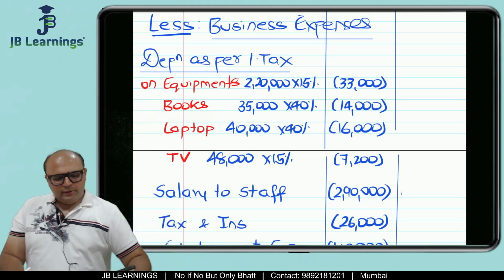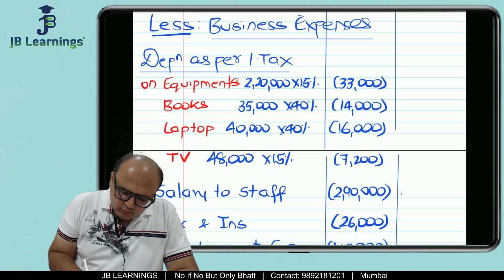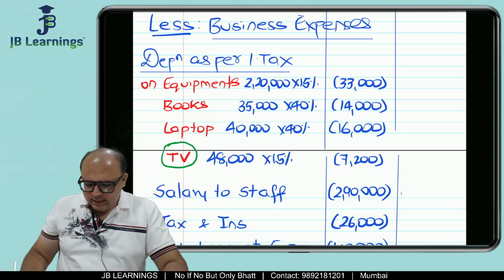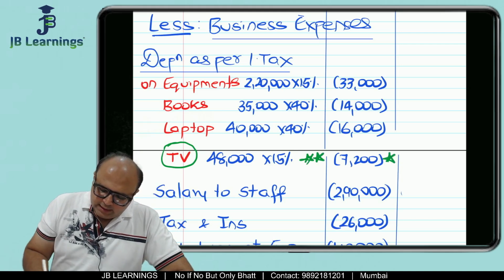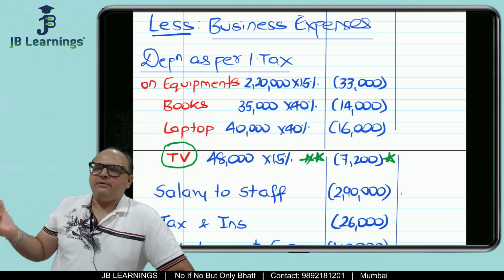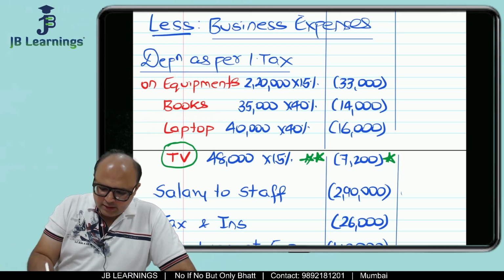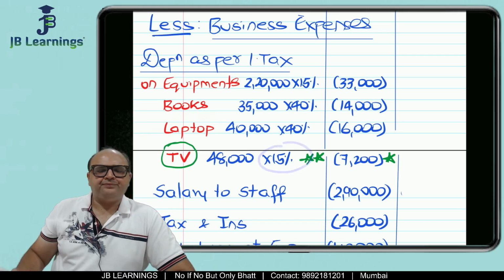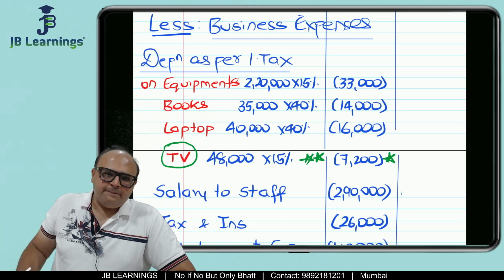Now in TV, I want to discuss something with you which is very, very important. Now friends, if you see your solution given by ICAI for TV, they have taken that TV is a part of other assets, plant and machinery, and they have taken the rate of depreciation as 15%. But they have given two more alternative answers.